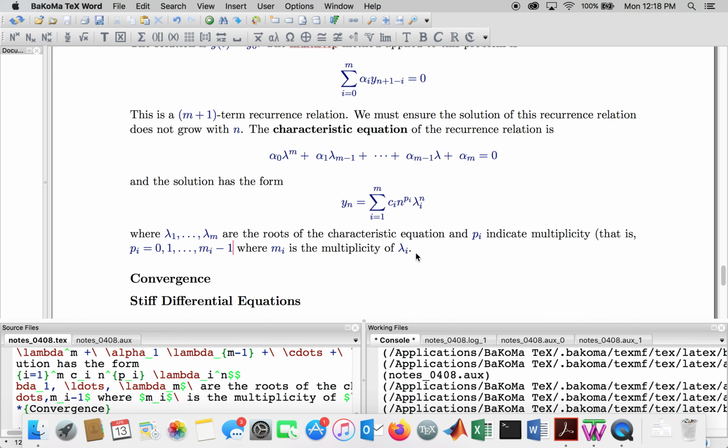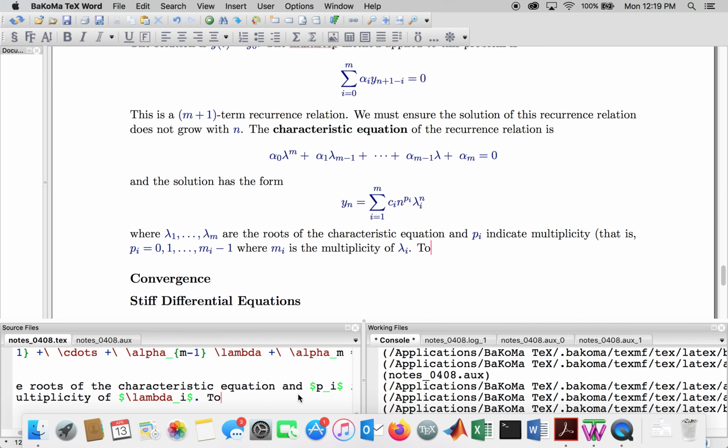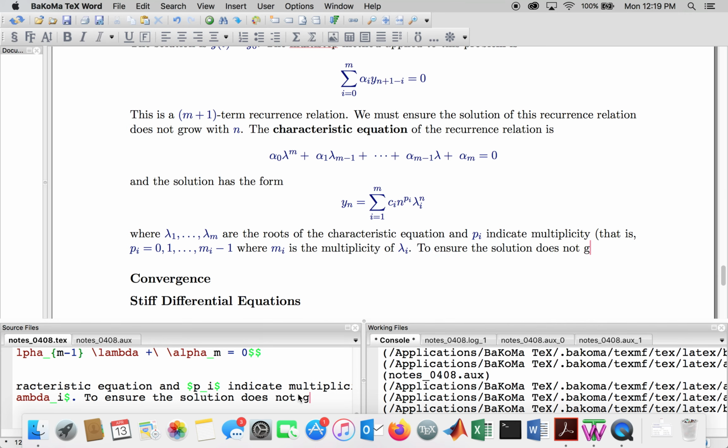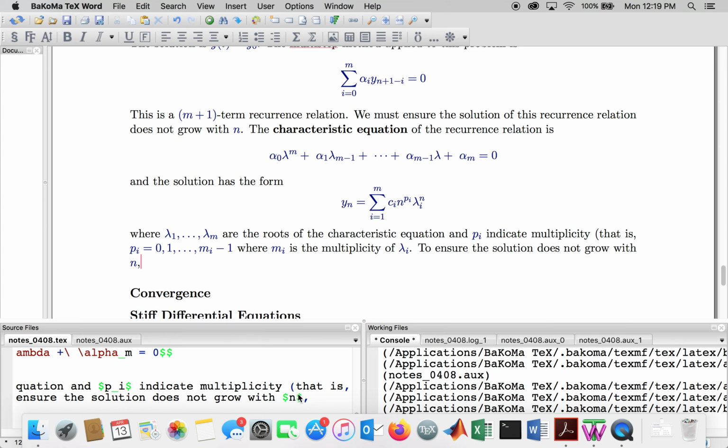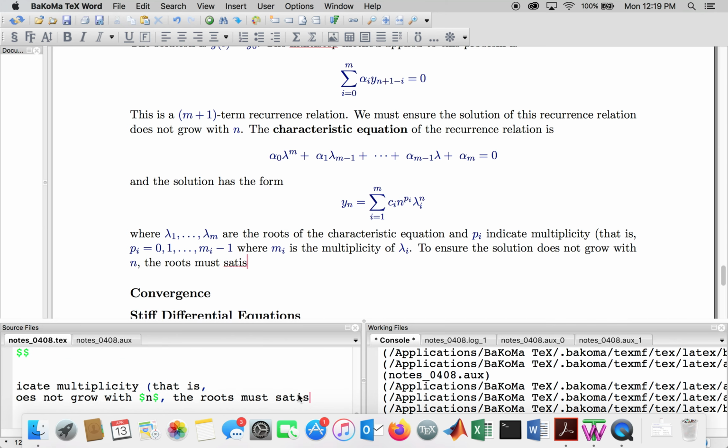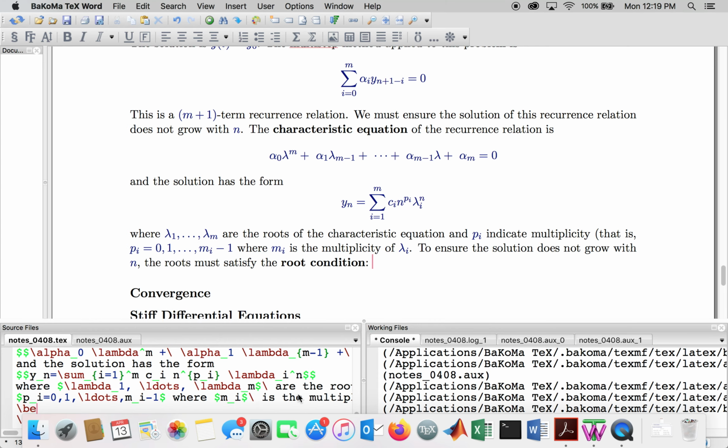All right, so we need to make sure that this solution does not exhibit exponential growth. So the roots must satisfy the root condition, which actually has two parts.